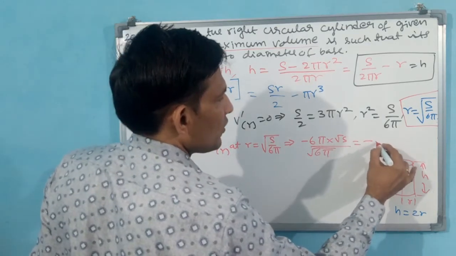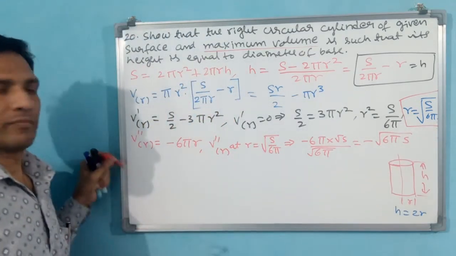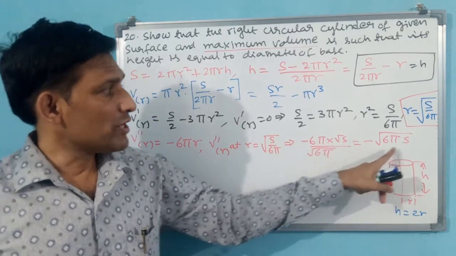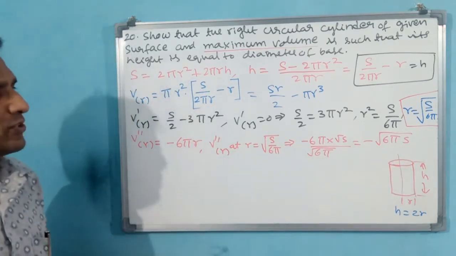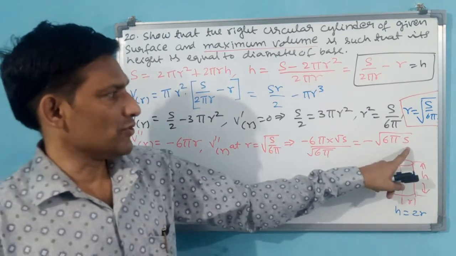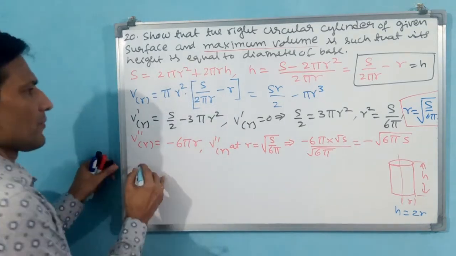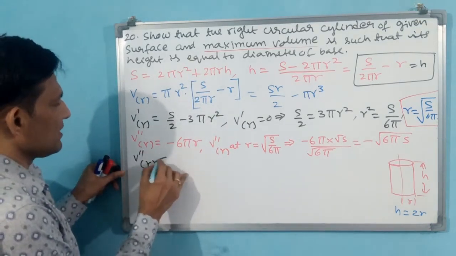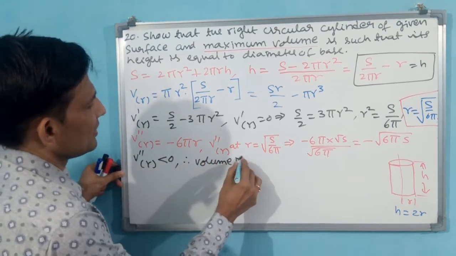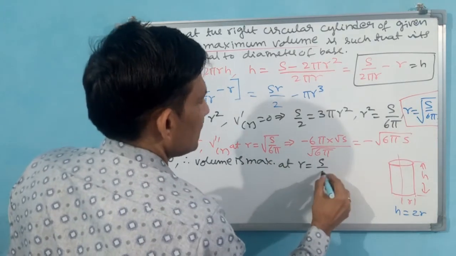That means minus of square root of 6 pi s will come. This is also under root only. Now you tell me, is this less than 0? Yes, less than 0 only, because minus has come. Surface area is a positive quantity. Write like this: V double dash r is less than 0. Therefore, volume is maximum at r equal to square root of s by 6 pi.